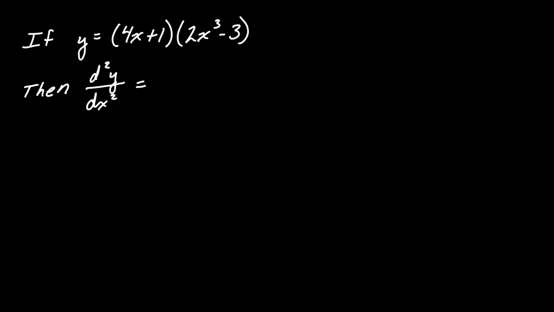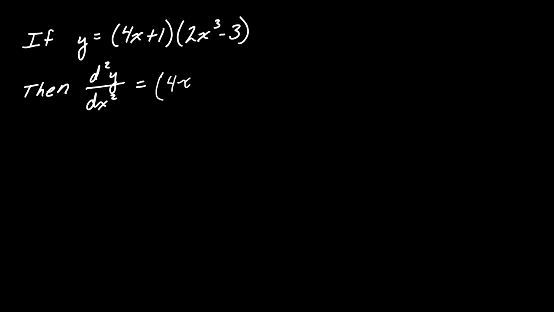All right, so the next problem is going to ask us for this right here, which is your notation for a second derivative. So that's what we need to find for this particular function, is going to be the second derivative. So we do that by finding the first derivative, and then we'll take the derivative of that answer. So we're going to apply product rule here.